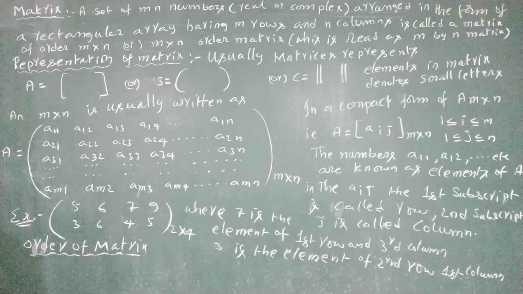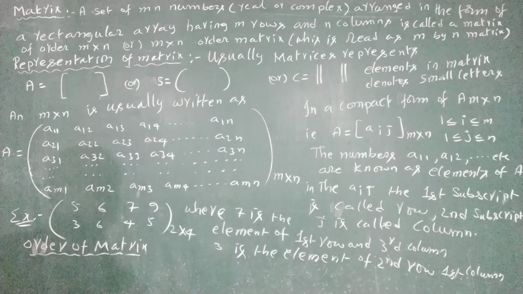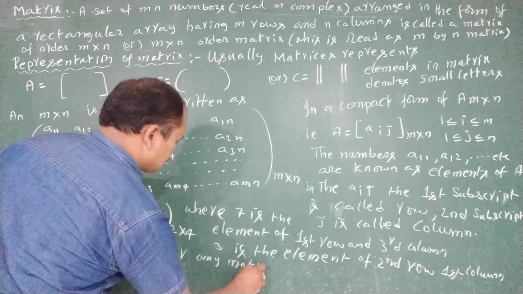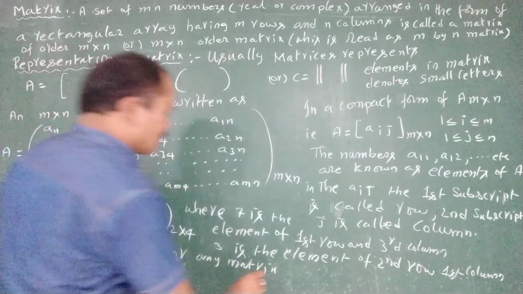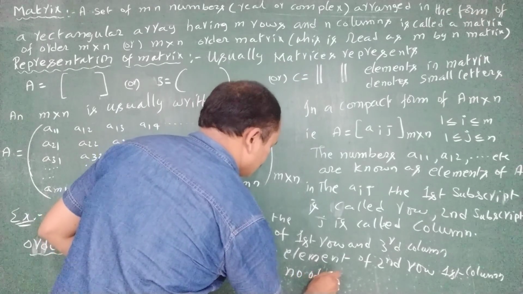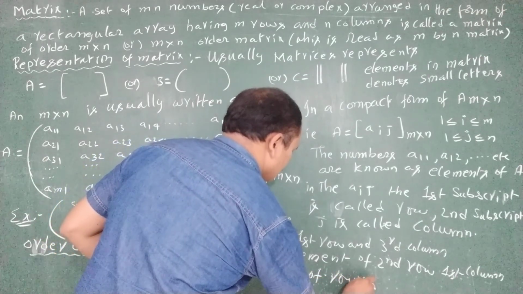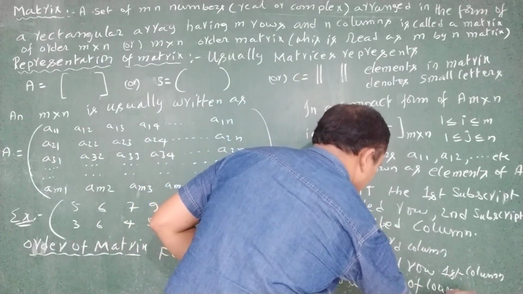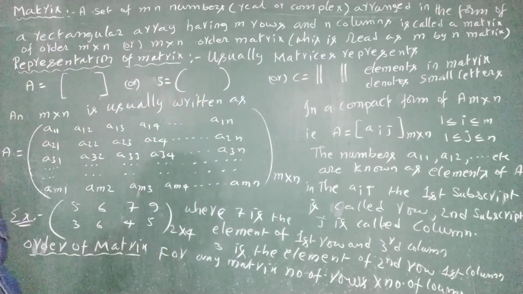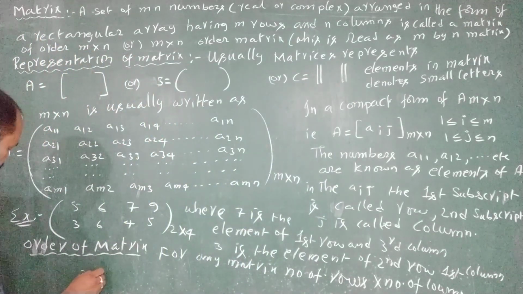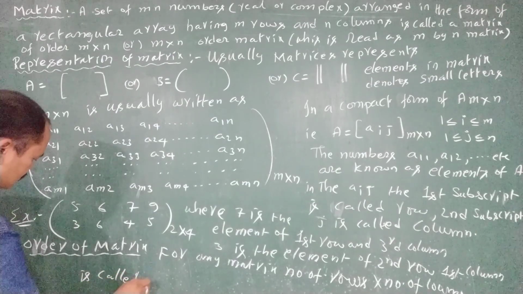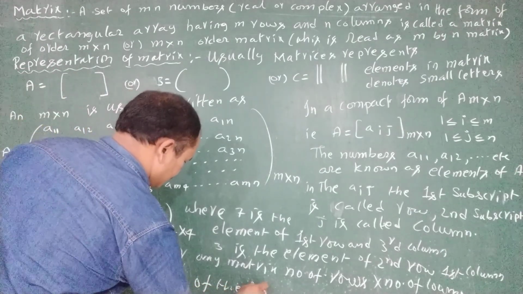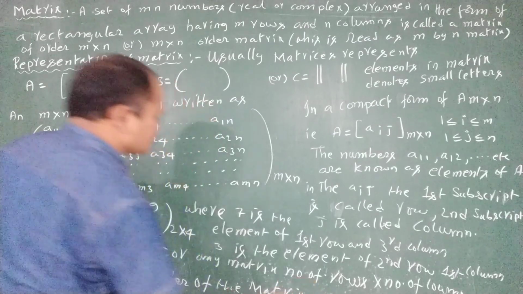For any matrix, the number of rows into the number of columns is called the order of the matrix.